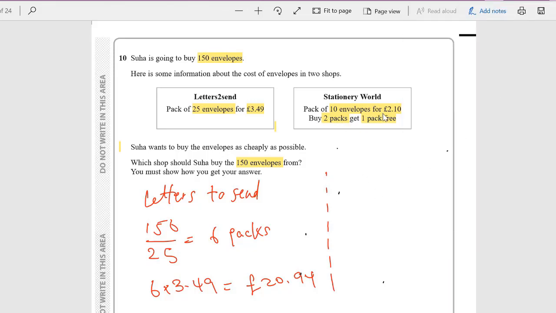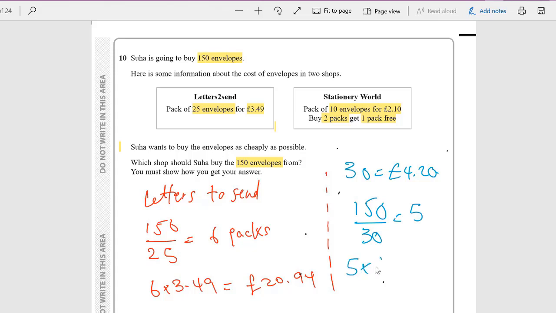And then separate this. So pack of 10 envelopes for £2.10. So if you buy 2 packs, you get 1 pack free. So that means for 30 envelopes, it's going to be a cost of £4.20. So 150 divided by 30 is going to be 5.